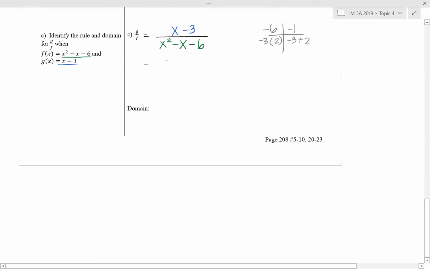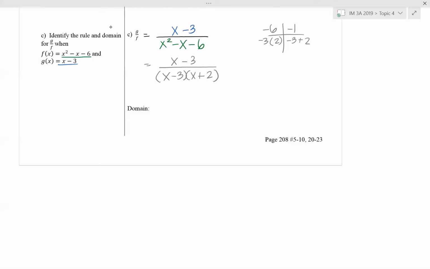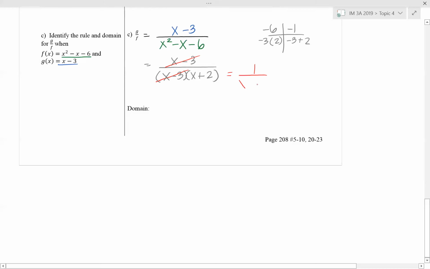So we end up with x minus 3 over x minus 3 times x plus 2. The x minus 3 will reduce with the x minus 3, and we're left with 1 over x plus 2 as our answer.